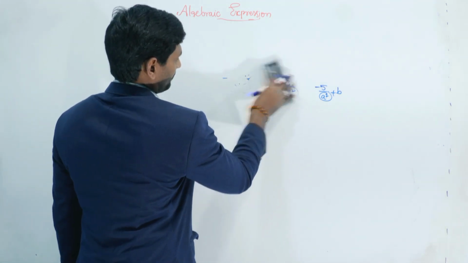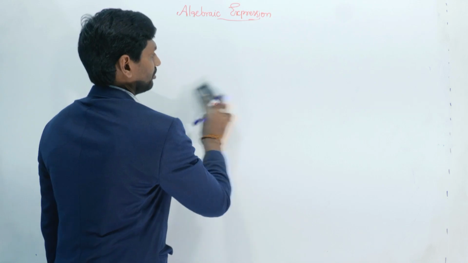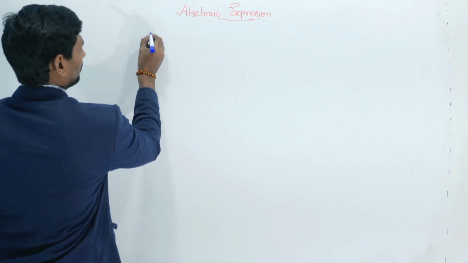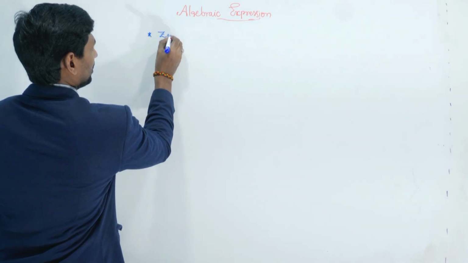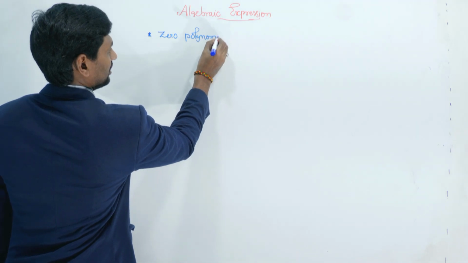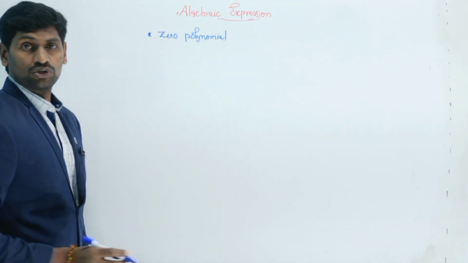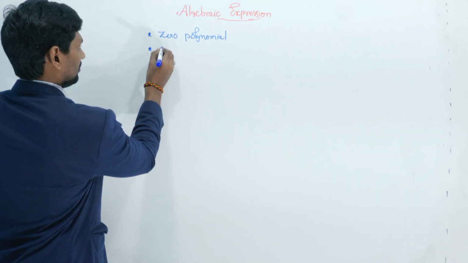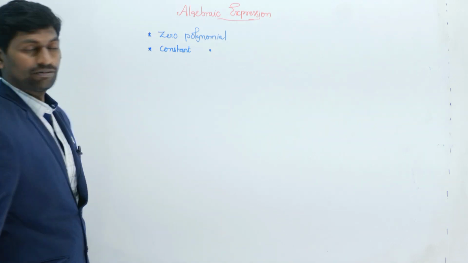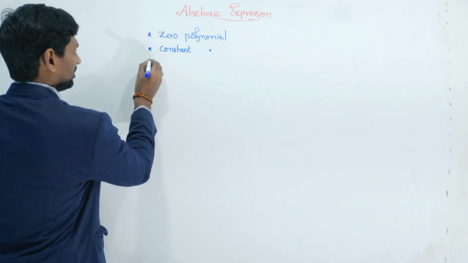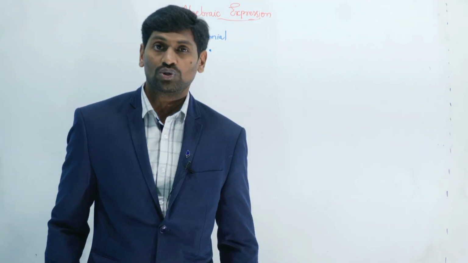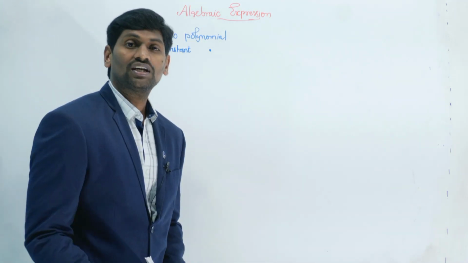So types of polynomials we discussed: monomial, binomial, trinomial, multinomial. Next, zero polynomial, then constant polynomial, and we should discuss coefficient and factor.